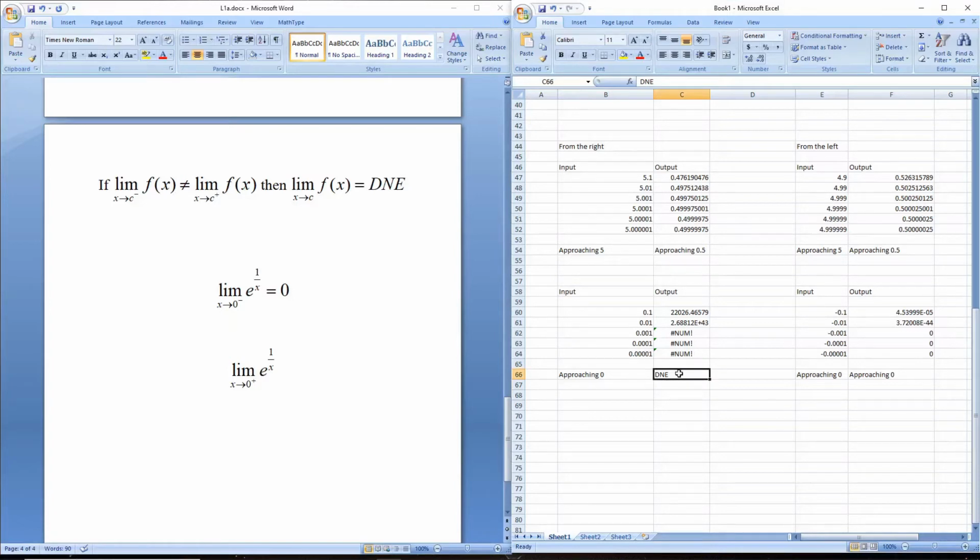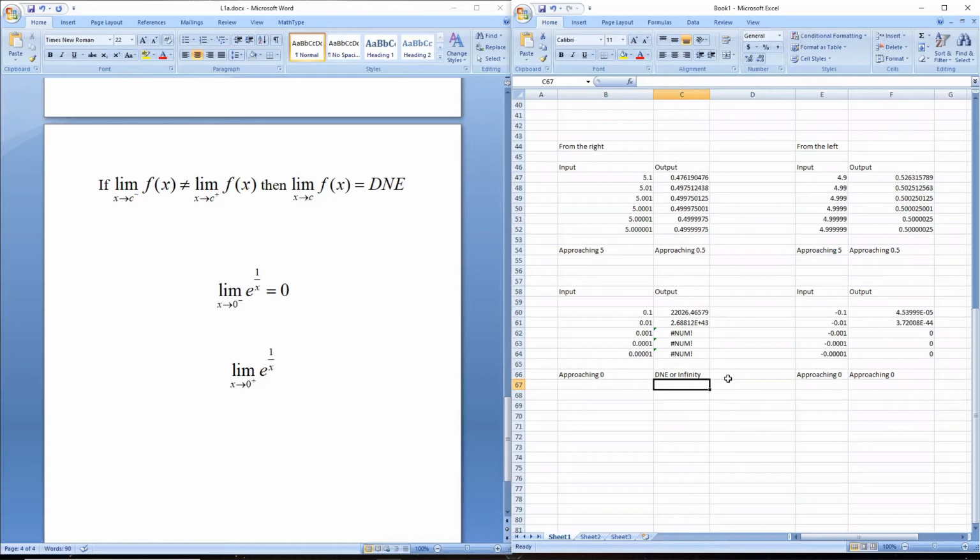The truth is, with does not exist and infinity, it really depends on the person you're talking to. And MyMathLab will go between these two on whether you use does not exist or infinity. But if you have infinity as your limit, your answer, then it's just understood that it means does not exist.